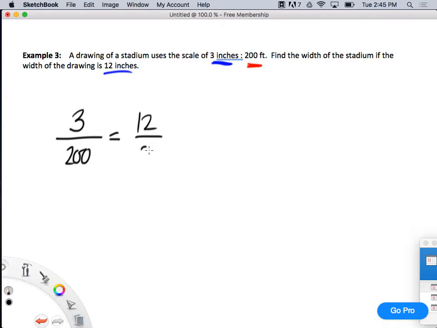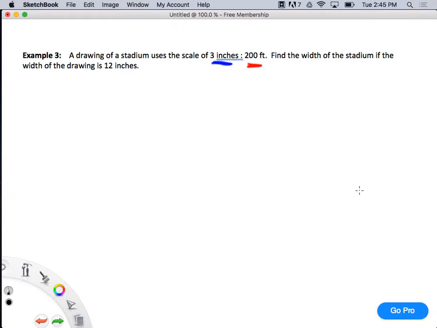What did we do? We're not doing the thing? It's similar, but a little bit different. Take a look. Let me try and explain this in the best possible way. You don't necessarily have to draw anything. The drawing of a stadium uses a scale of 3 inches. Every 3 inches is 200 feet. Find the width of the stadium if the width of the drawing is 12 inches.